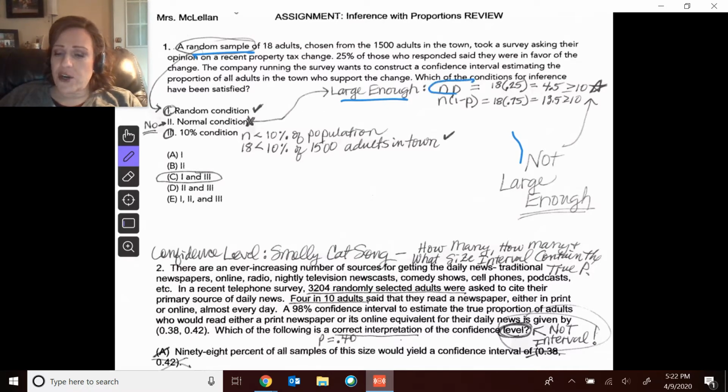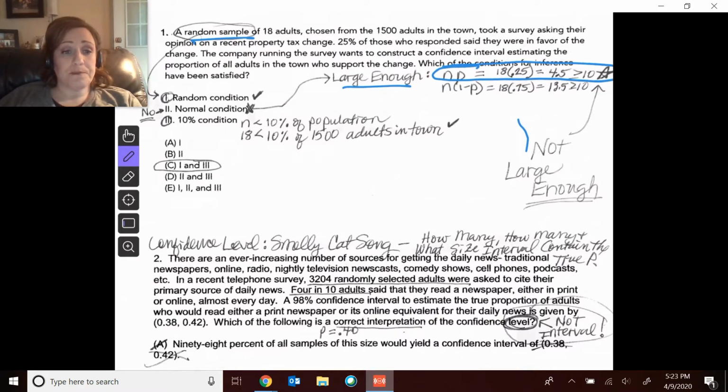Because look, when we did our n times p, that violated the large enough for proportions. It was not greater than or equal to 10. So that caused our problem. The 10% condition, yes, n has to be less than 10%, and since we were told there were 1,500 adults, it was. So 1 and 3 are good. The large enough was not met.